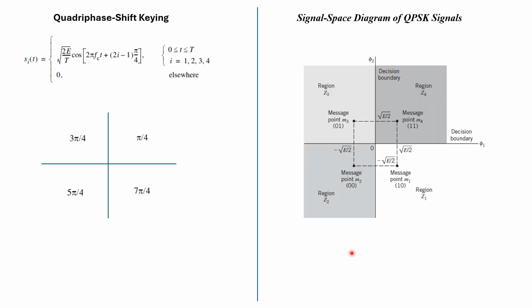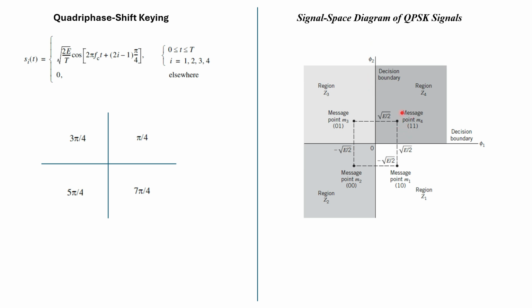So now let us try to write the signal space diagram. We have the coordinates square root of E by 2 plus and square root of E by 2, that is the x and y coordinates. So locate here. On the x-axis we consider the first orthonormal function and the second orthonormal function on y.